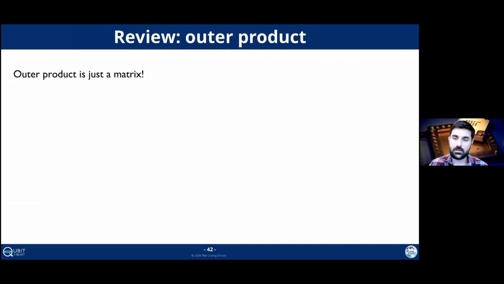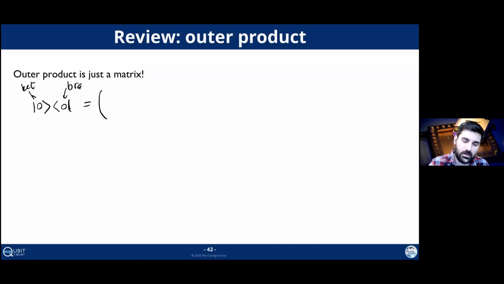Now, let's just do a quick review of what an outer product is. So we have seen this earlier. An outer product is just a matrix, and we represent it as a ket and a bra. So this is the ket, this is the bra, and the whole thing is an outer product. And all this is a matrix where the matrix element of, for example, the 0, 0 matrix element is 1, and everything else is 0.